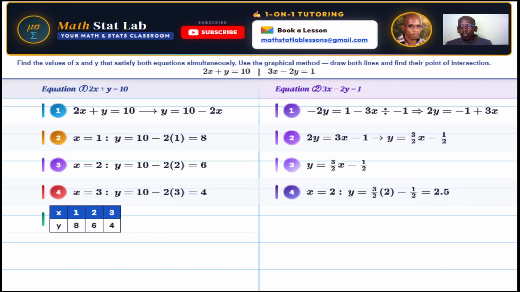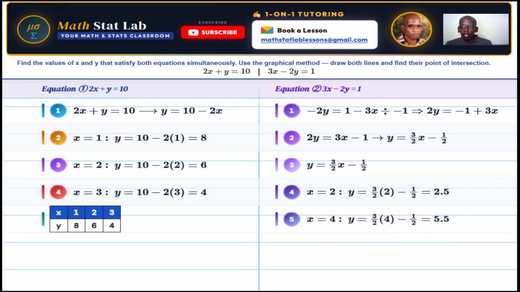Then we go to the next one when x is 4. When x is 4, y will be 3 over 2 multiplied by 4 minus half. Reason being, 4 divided by 2 is 2, then 2 multiplied by 3 is 6, then 6 minus half will be 5 and a half, which is equivalent to 5.5.